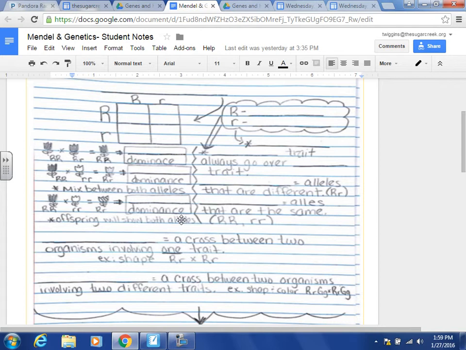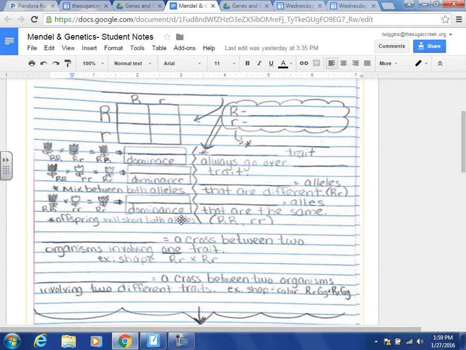Fill in those blanks for me. Speak up, Makayla. Nope, speak up. Say what you said. If the offspring has a dominant, use that A word, allele, then the physical characteristic will be the dominant trait.